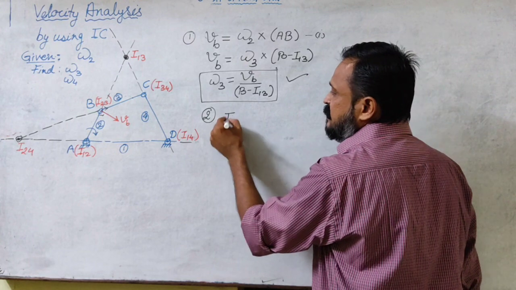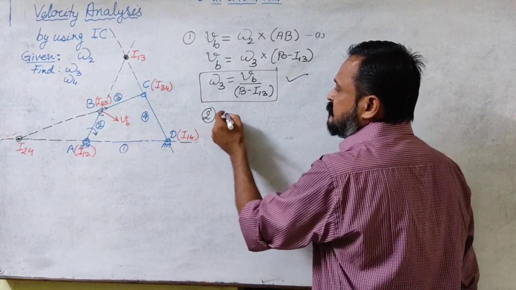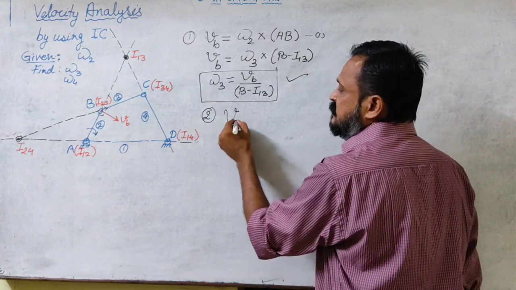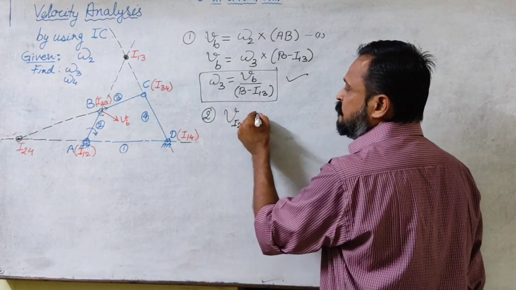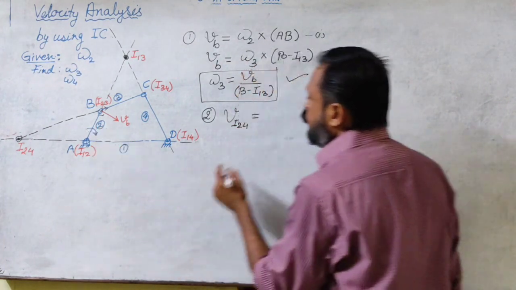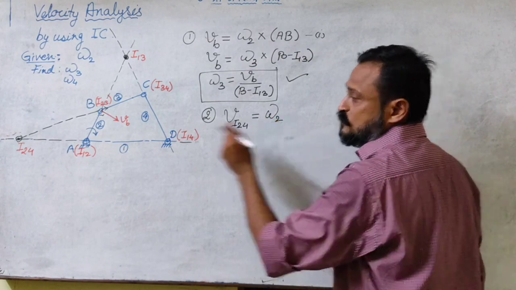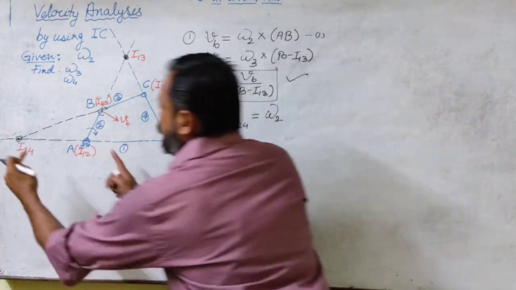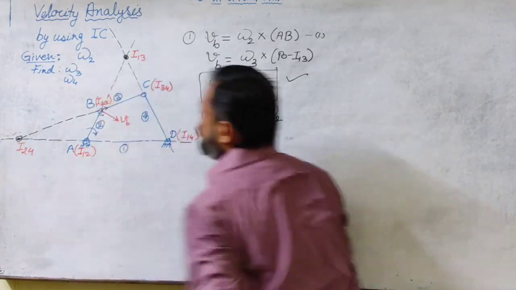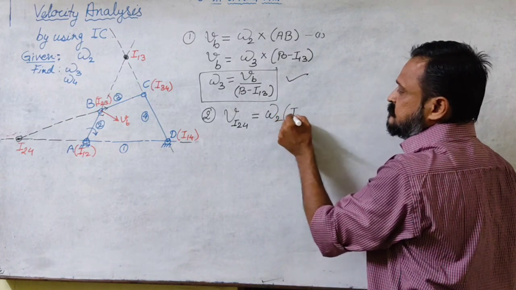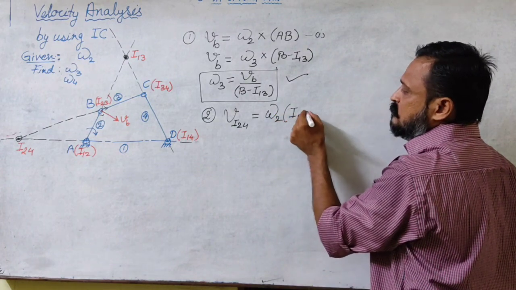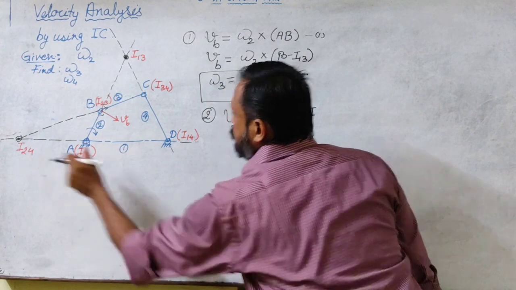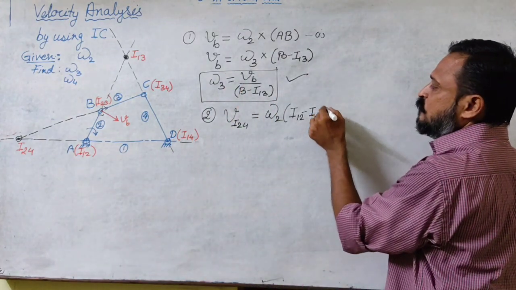So the velocity of I24 will be omega 2, which is known, into the radial distance I12 I24.